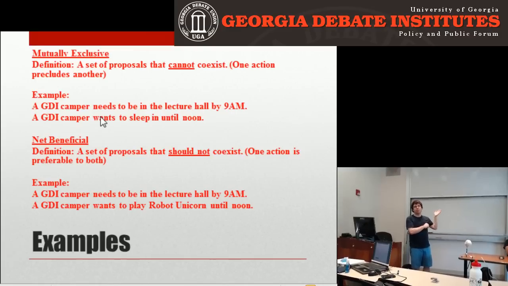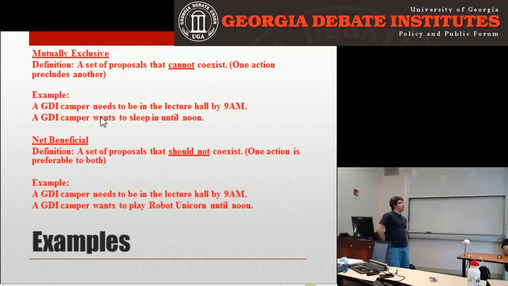But there's a problem. What do you think the problem is with those two options? Yeah, the first thing is that even if you do have an option, you'd still be distracted during the lecture, right? And also the lecture is more important than anything. Yeah, that's true. Or if there were really advantages to playing Robot Unicorn, you could just do them in the lecture hall, right?